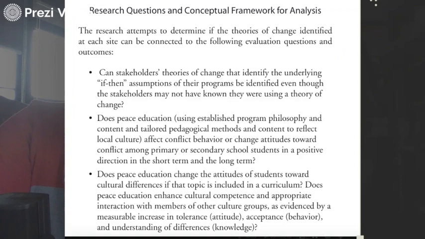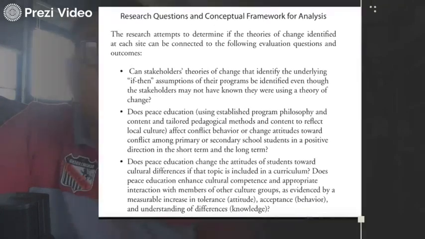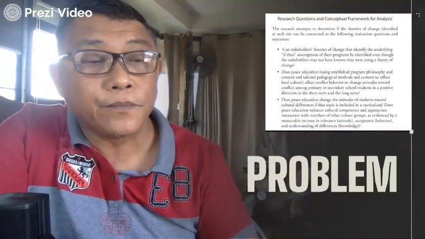Does peace education affect conflict behavior or change attitudes towards conflict among primary or secondary school students in a positive direction in the short term and in the long term? Does peace education change the attitudes of students toward cultural differences if the topic is included in a curriculum? So these are the questions that were asked in the research, again using the theory of change.